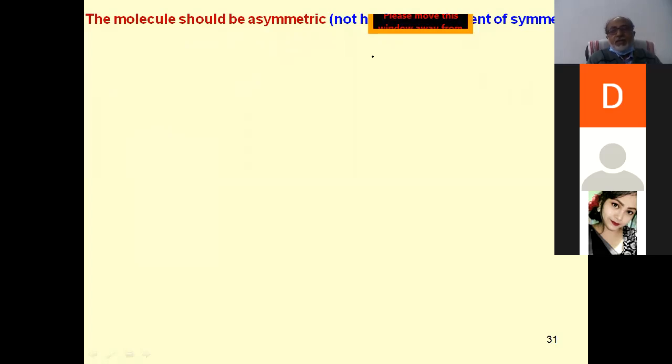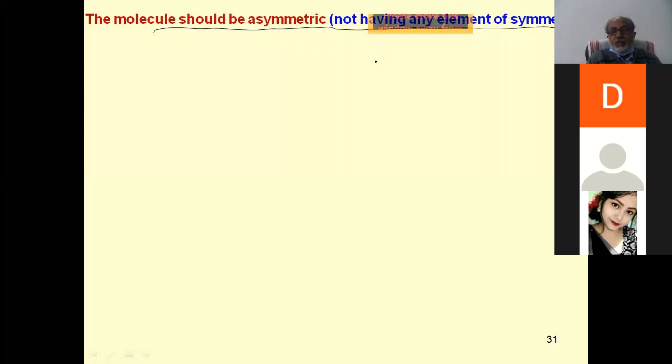And once it is optically active, we know how many isomers there can be. It will depend on how many chiral centers, whether the molecule is constitutionally symmetric or asymmetric. Then we will have enantiomers, diastereomers, etc. But first of all, let us see how to identify from its structure whether a molecule is going to be optically active or not. The simple rule is that the molecule should be asymmetric.